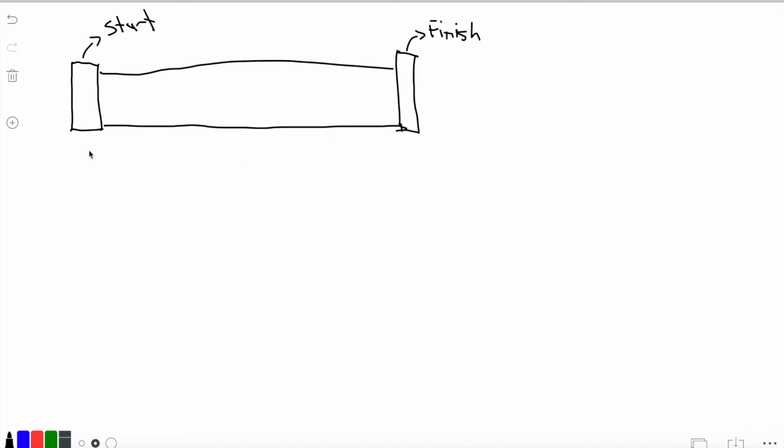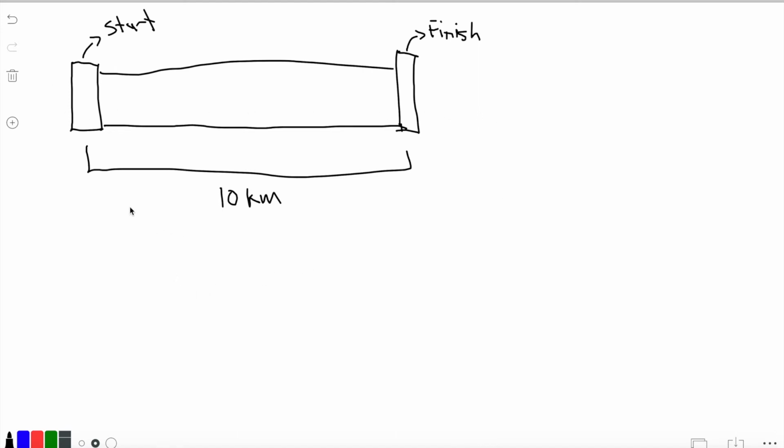So the distance between the start and the finish is pre-specified. So let's say it's 10 kilometers. Let's say an hour goes by, and we want to know if our runner has passed the finish line or not. Because we can't run the 10 kilometers ourselves, we use a GPS tracker.